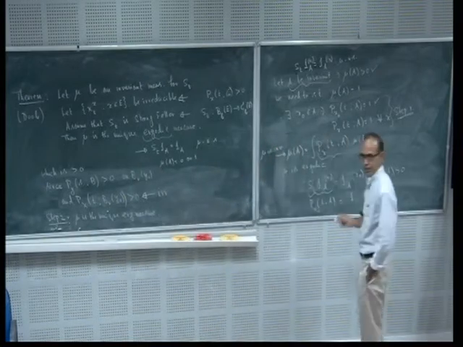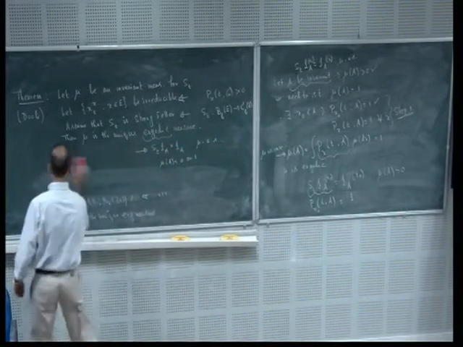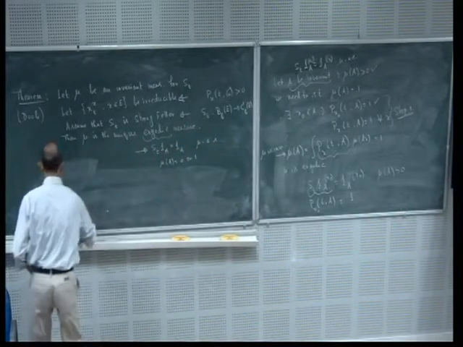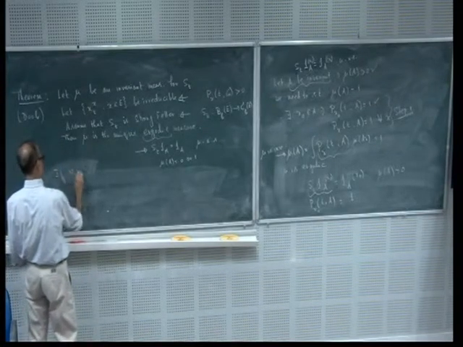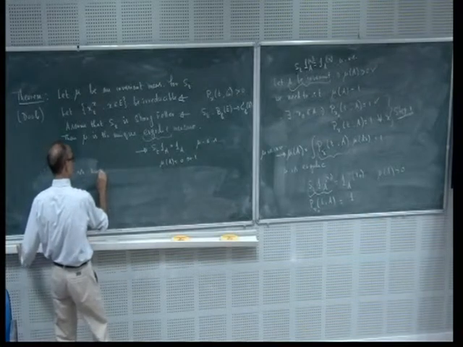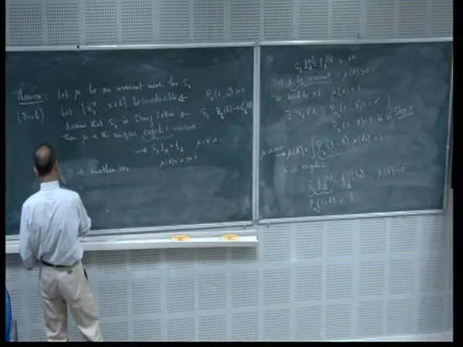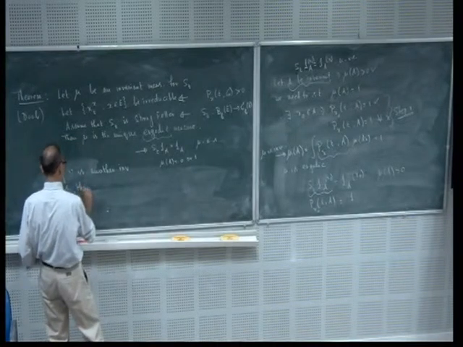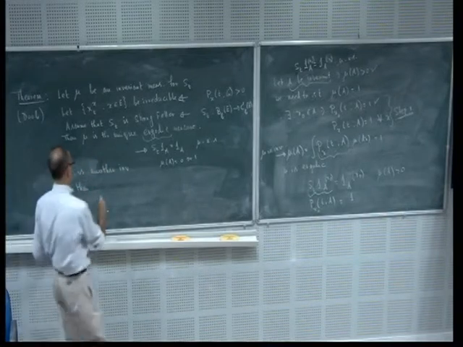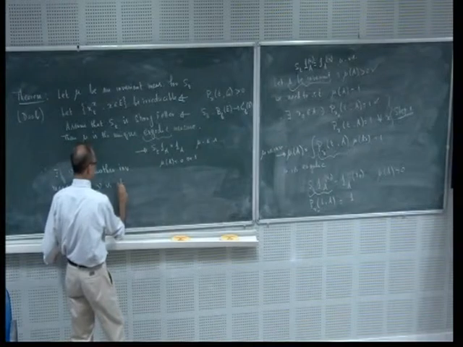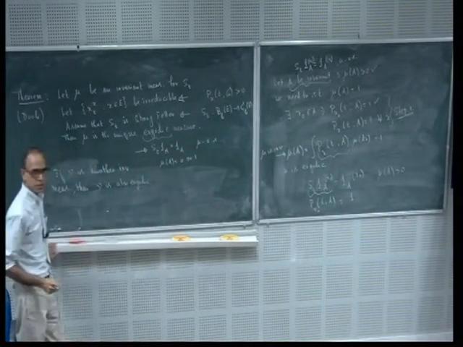So mu is ergodic. Now, how do we show that it is the unique ergodic measure? Well, it is unique because if nu is another invariant measure, then repeating the steps, nu will also be ergodic. And then what we do is, they are all equivalent.